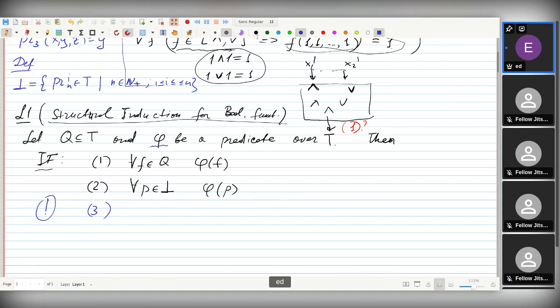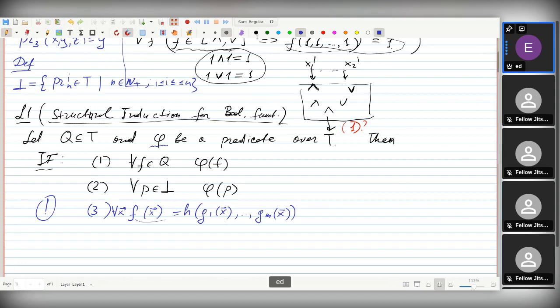Let us see if phi holds. Assume that we have some function f for which the following equation holds.